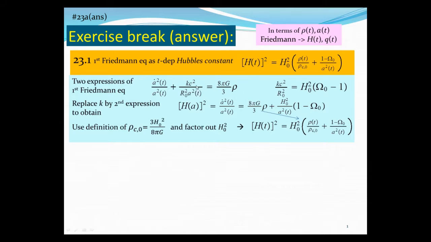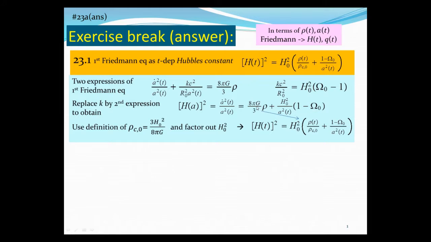Then this term here is the same as this, except divided by a squared. So it's just this expression divided by a squared. Now ȧ over a is H, so therefore H squared is equal to this term here.